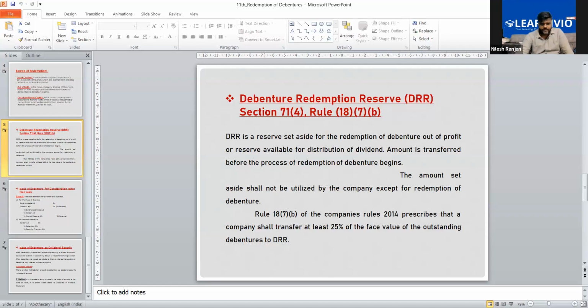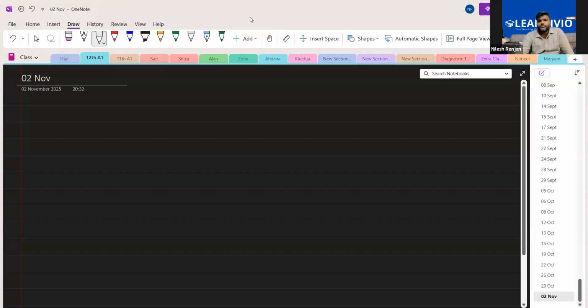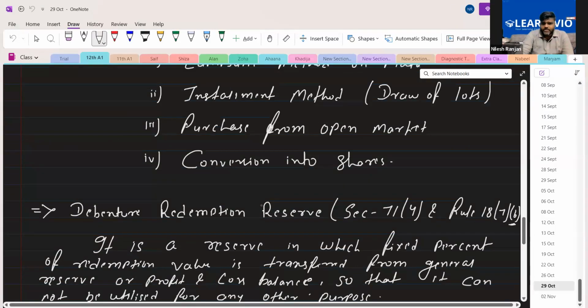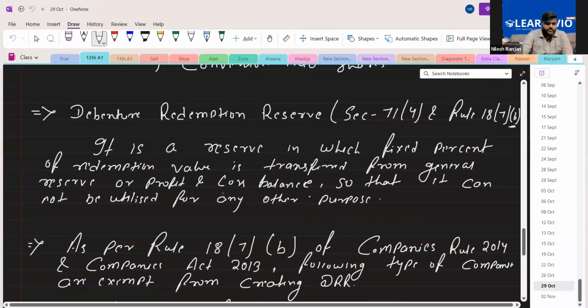Means, let's say there are some processes for redemption of debenture. So if the company has decided that they will redeem the debenture, then before the process starts, I have written this here also.